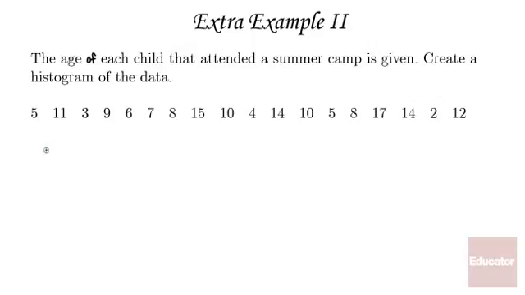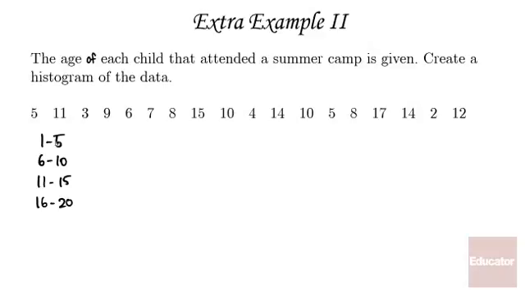So let's say 1 through 5, then 6 through 10, 11 through 15, 16 through 20. And remember, whenever you create your intervals, make sure that each interval is the same. It has to be the same number of numbers for each group, right? So 1 through 5, and then through 10, and then through 15, and then through 20. So I know that's the same for each group.